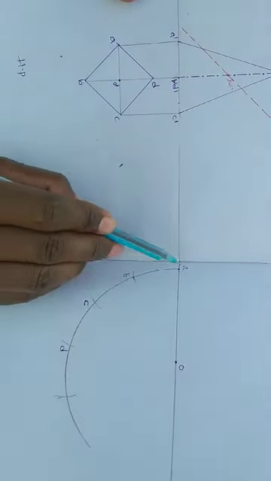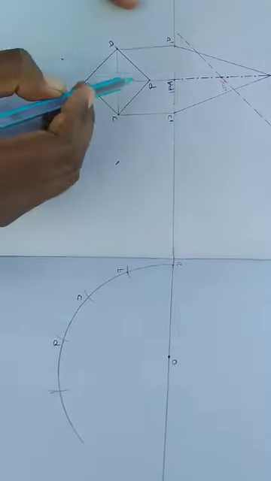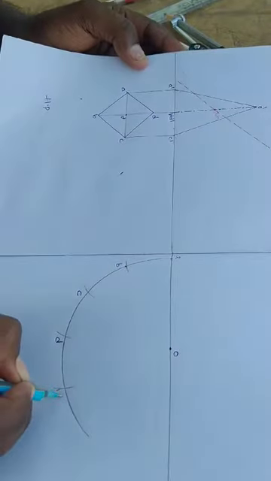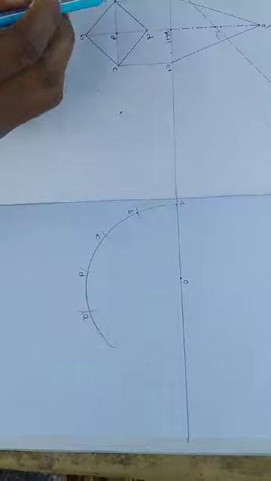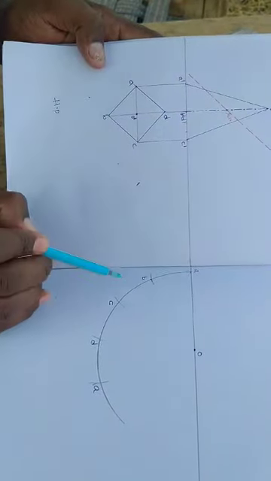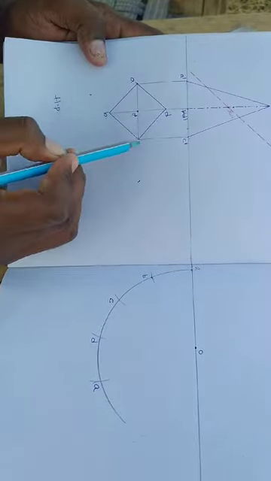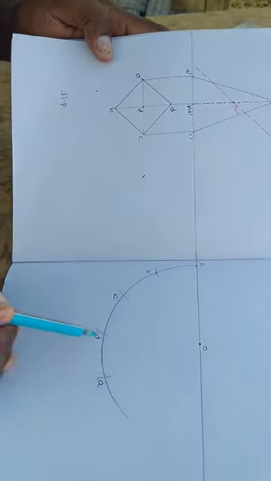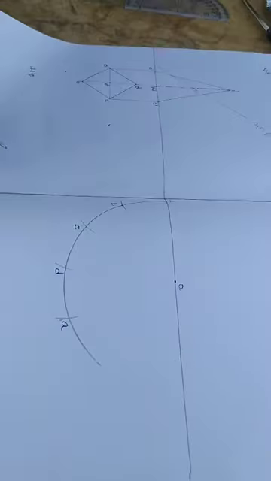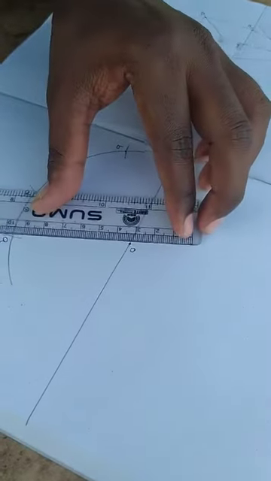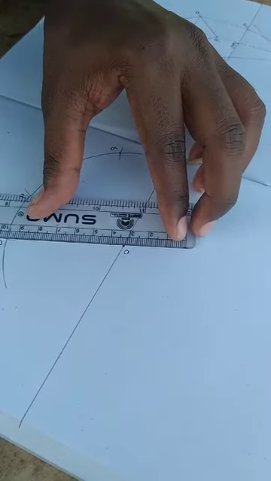Here we have the AB base, and there is no DA edge in this, that's why you have to mention this DA also. And finally this is A. See carefully: AB edge, BC edge, CD edge, and the next DA edge. Here we have the DA edge. From O dash, join all these points.